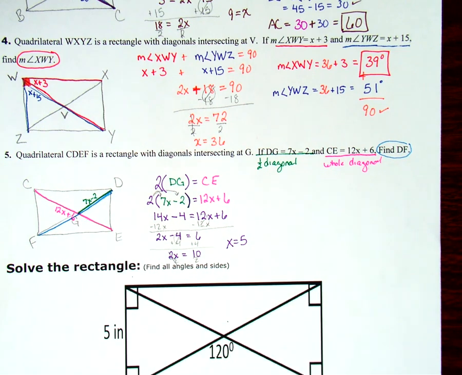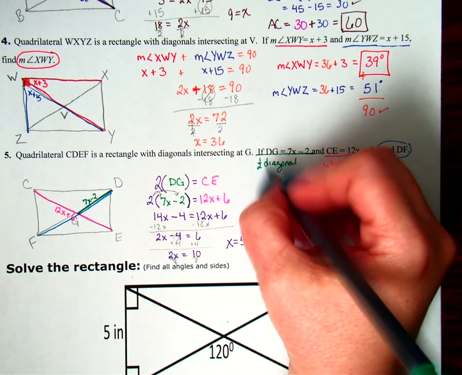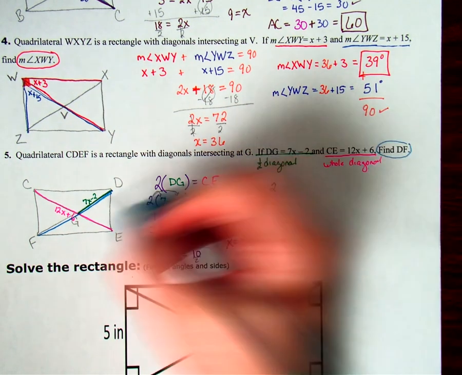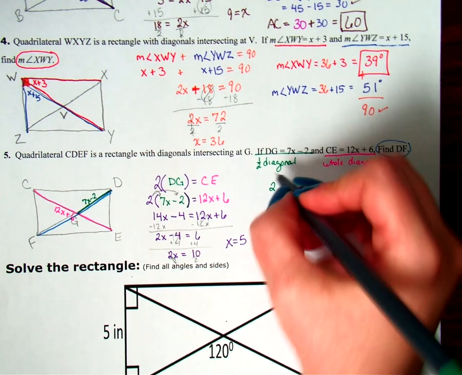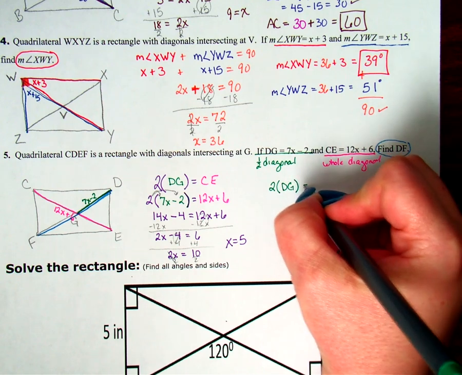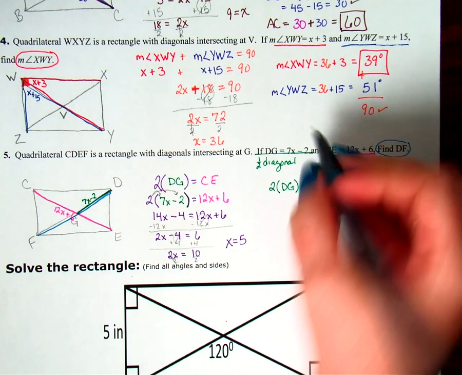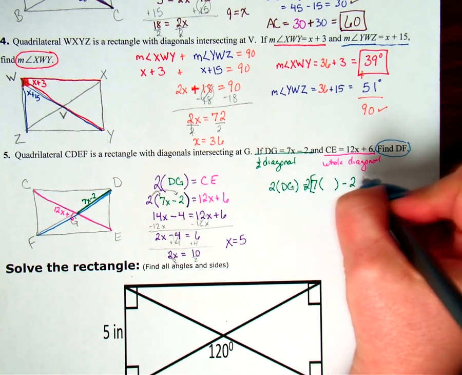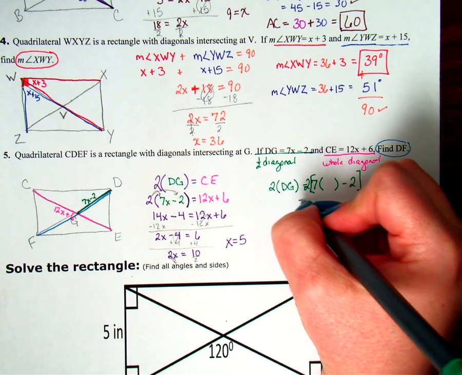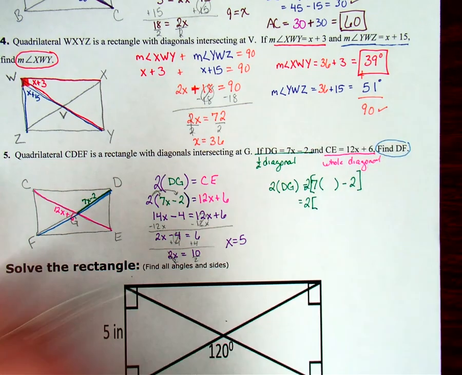So let's try that. Let's say I know it's going to take 2 DGs to make this whole blue diagonal. 2 DGs will make the whole diagonal. 7 times x minus 2. Oops, and there's 2 of those. So that's going to be 2 times, 7 times x.